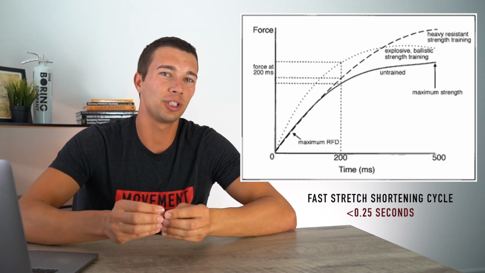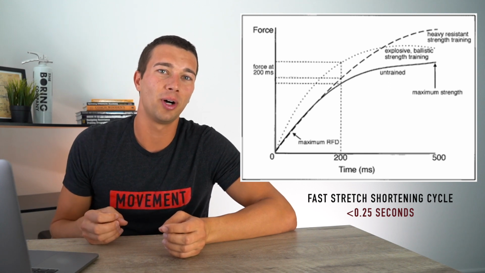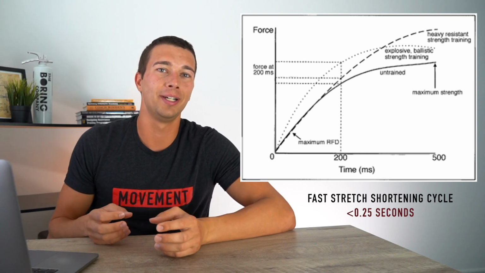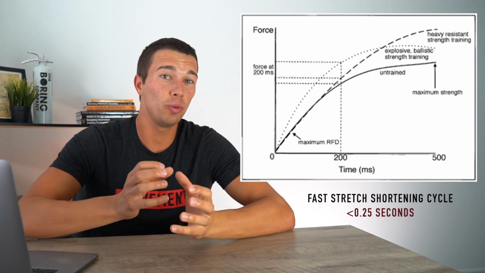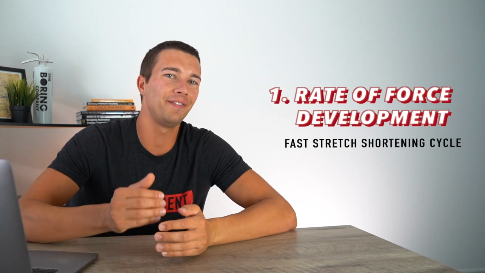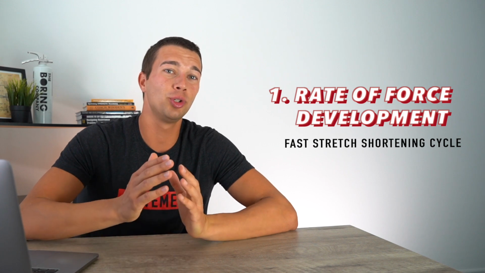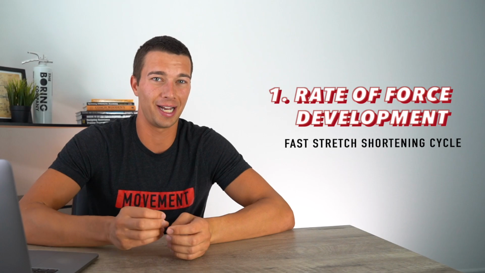So if we're training those specific pathways, we're going to get specific adaptations to the muscle spindle response and the muscular pathways and the motor unit recruitment that's involved with max velocity sprinting, and we will probably see more carryover to performance. So our first principle is making sure that we are specifically training the fast stretch shortening cycle to improve the rate of force development under the constraints of a very short ground contact time.